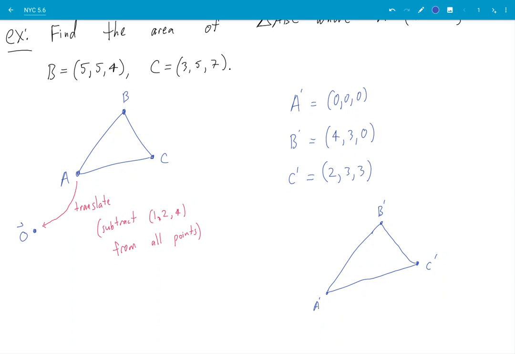So A prime is the origin there. So what we can do is think of this triangle that we're trying to sort out as a half of a parallelogram.